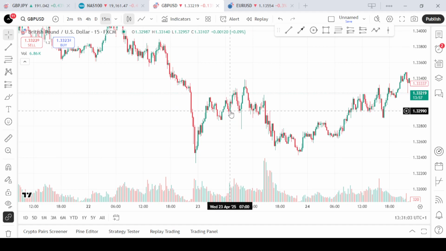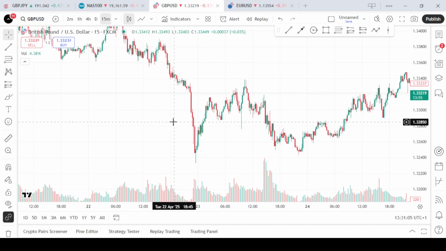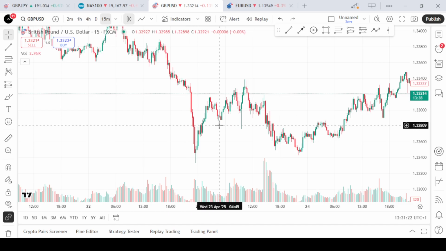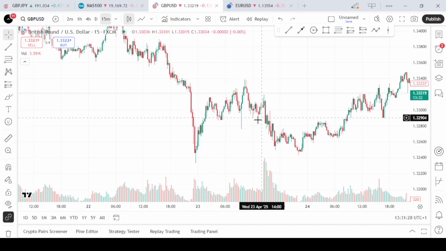Now, the main risk with the whipsaw pattern is that it can trigger stop losses on both sides of the market. Those who enter on the breakout may be stopped out when the price reverses, while those who try to trade the reversal might get caught if the price snaps back in the original direction.